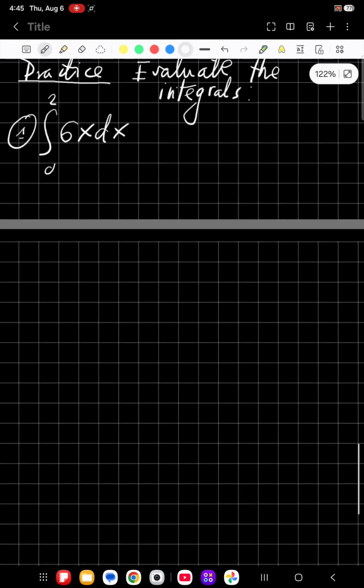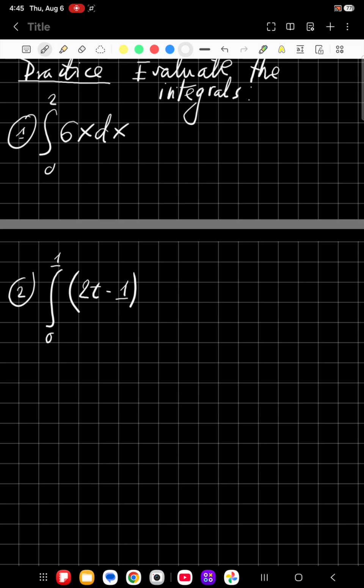Problem number 2, from 0 to 1. This time we have a different variable, but it doesn't really matter. dt, and here this is to the second power.